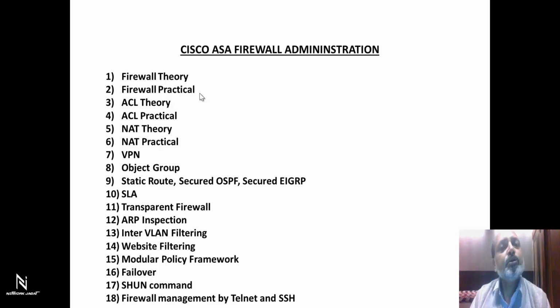And I assure you, you will reap 100% benefit if you are going for Palo Alto and FortiGate after learning this Cisco ASA Firewall. If you are going the other way around, if you are going to them without having knowledge about Cisco ASA, then maybe you can find them a little bit difficult, right? So this is number one point.